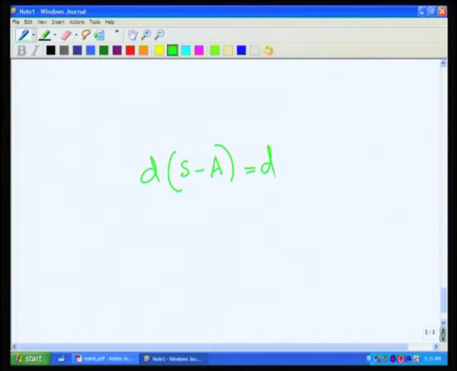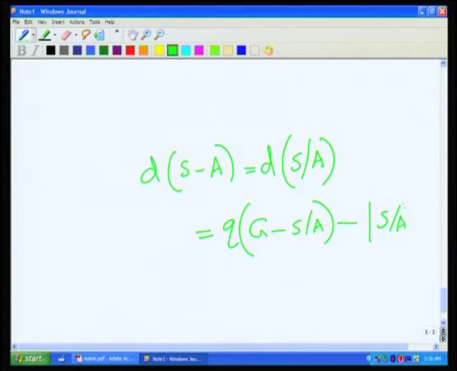I can use this notation, that will be easier: d of S bar A is equal to q of G minus S bar A, and then minus the cardinality of S minus A, the cardinality of S bar A.